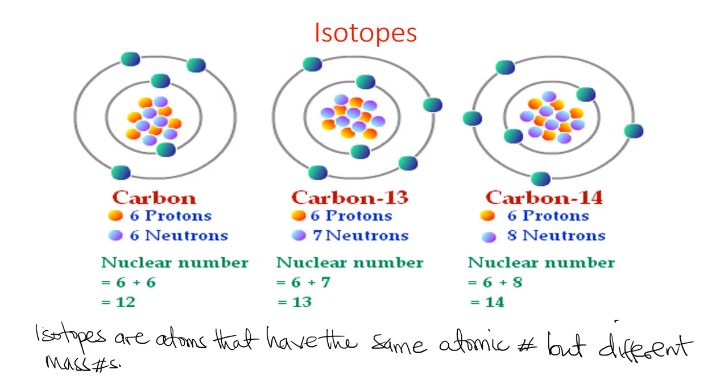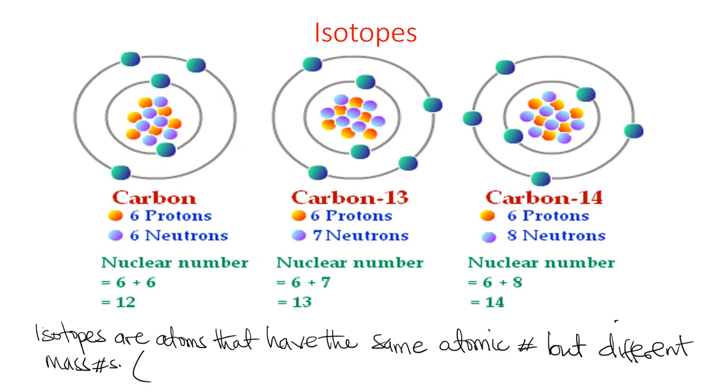So they have the same atomic number, that is, they have the same number of protons, because the number of protons is the identity of that atom. So they have the same number of protons, but they have different masses because they have different neutrons.